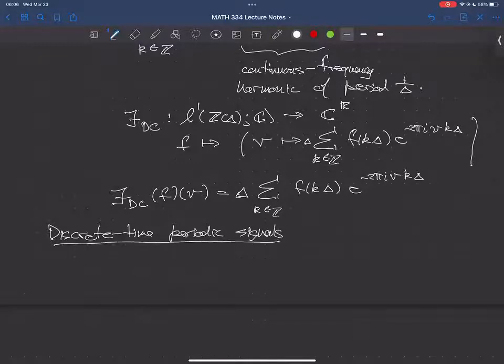So f now is going to be, again, discrete time, defined on the sampled interval, the sampling interval delta, taking values in C, but it's going to be T periodic. And this means if a discrete time signal has a period T, T must necessarily be some multiple of delta, say capital N times delta.